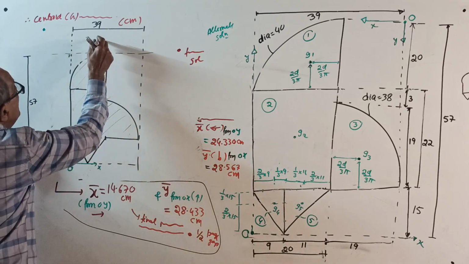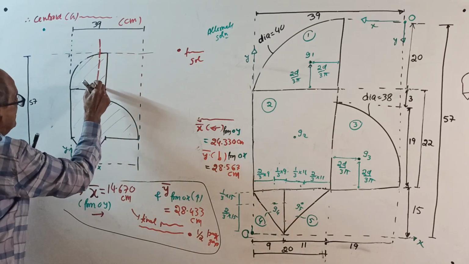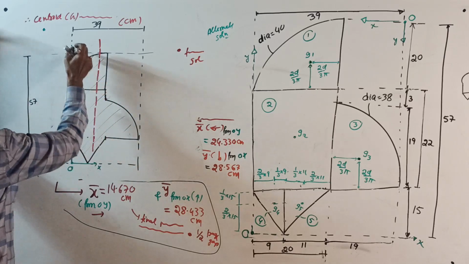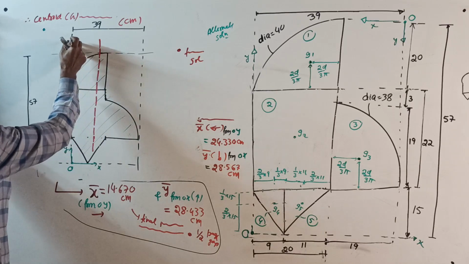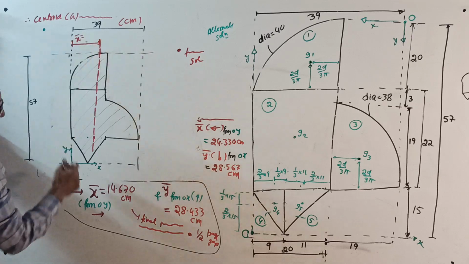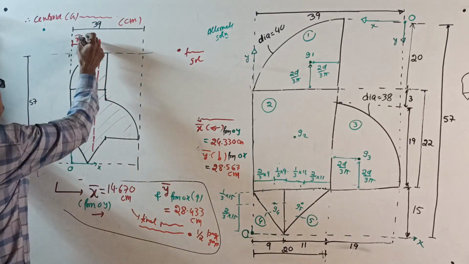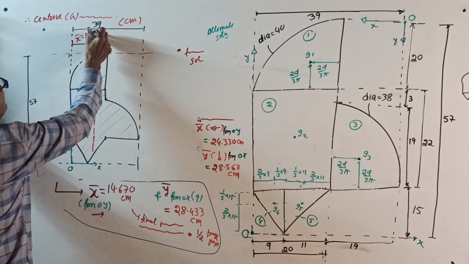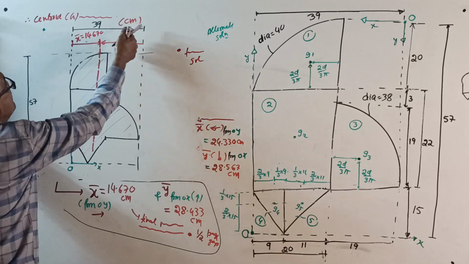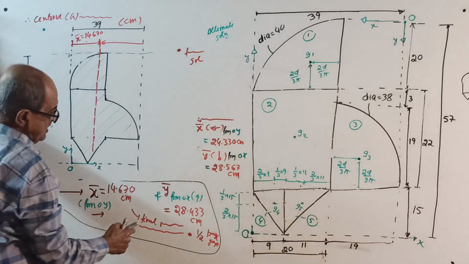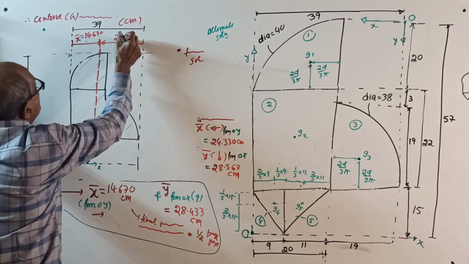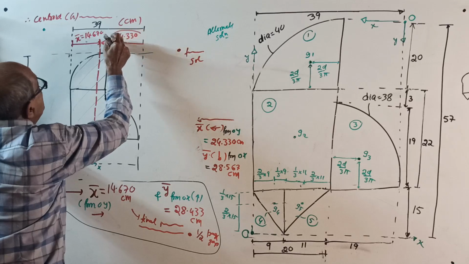See, this from here to here is your x bar equal to 14.670 centimeter. Then if you want from this side, you calculate from 39, subtract it, you will get 24.330.